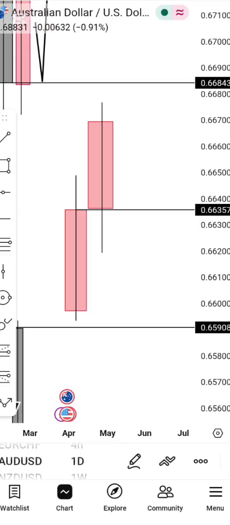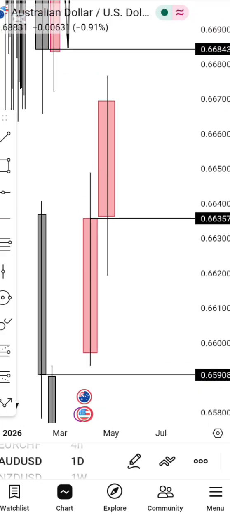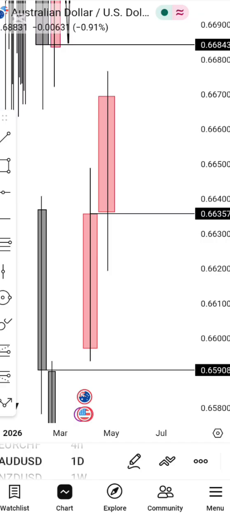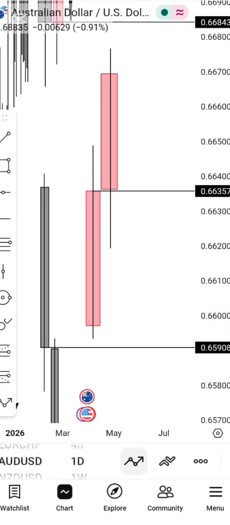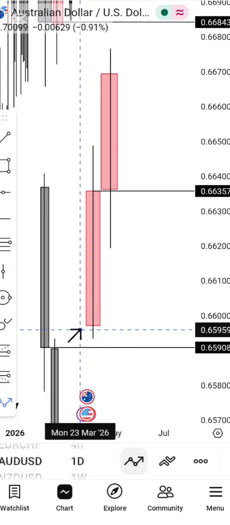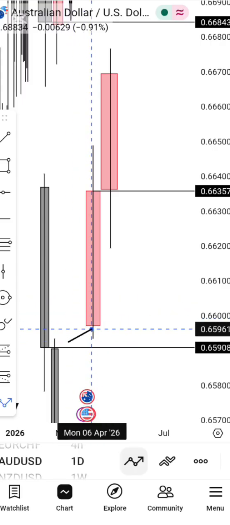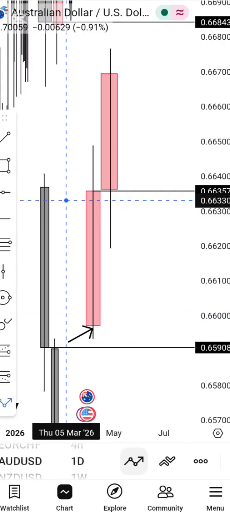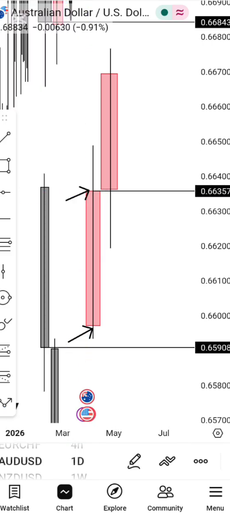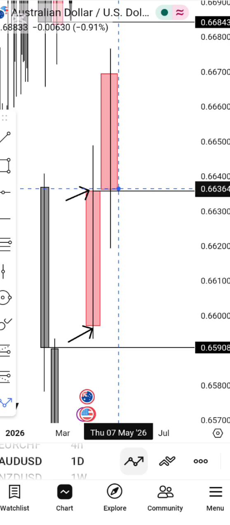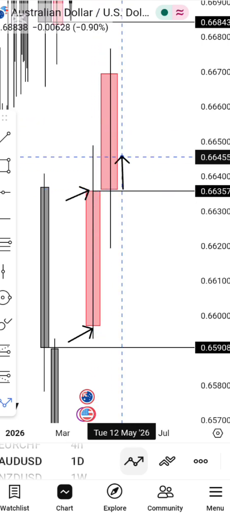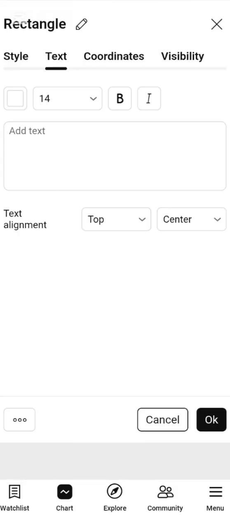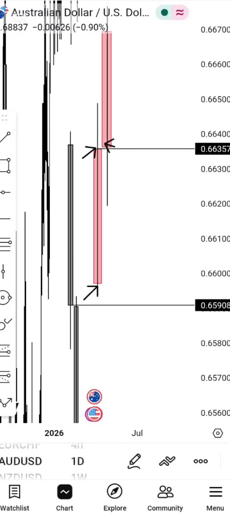So in this case of a buy, this would be our key level, because this first candlestick opened here and closed here, and then this second candlestick opened here where the first candlestick closed, and then started moving up. So that's just the logic behind it.